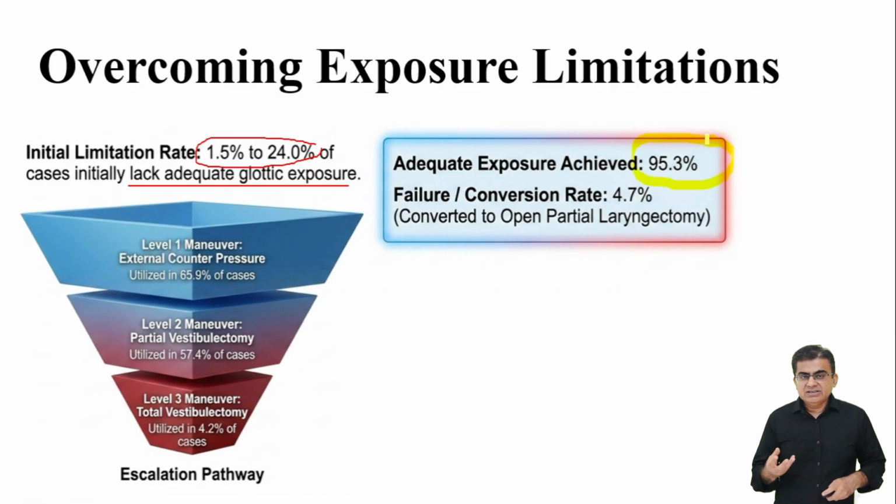Only a tiny fraction of 4.7% will ultimately fail this endoscopic approach. For these rare failures, we must safely convert this surgery to a traditional open partial laryngectomy or refer for radiotherapy.